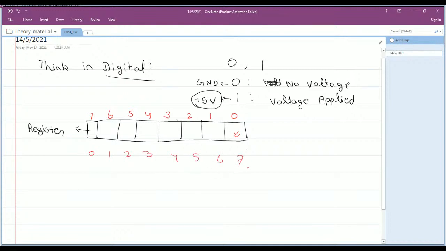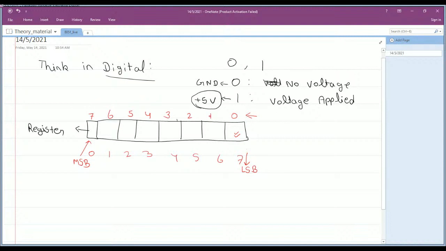The rightmost digit is the LSB, the least significant bit, which is 0, and the leftmost bit is the MSB. So this is the notation we will be using.